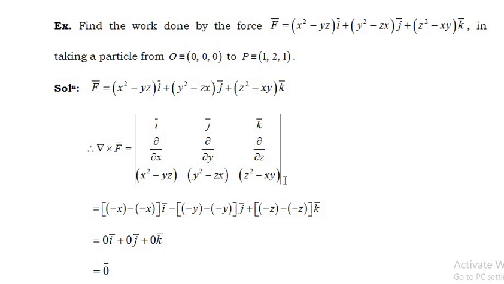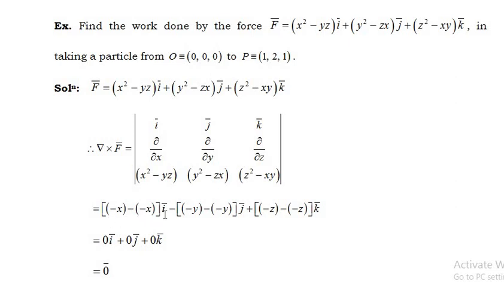Third row will be the components of F bar: x square minus yz, y square minus zx, z square minus xy. Let us simplify this. i times derivative of z square minus xy partially with respect to y is minus x, minus derivative of y square minus zx partially with respect to z is minus x.